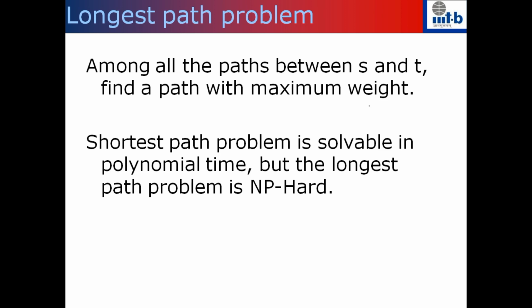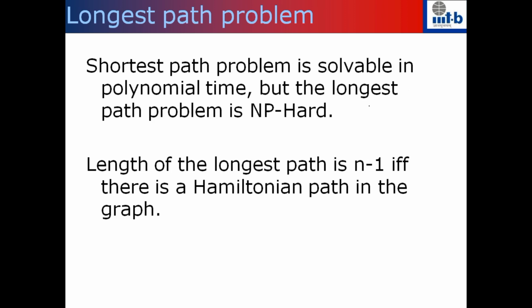The intuition is that there is something called the Hamiltonian path problem. A Hamiltonian path problem in a graph is that you want to find a simple path which connects all the nodes of the graph exactly once.